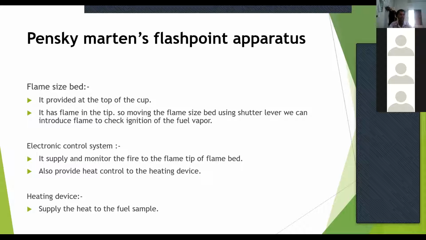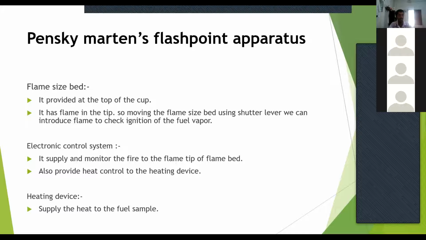In the electric heater there will be a flame at the tip, which is useful to find the flash point. That is the flame we introduce inside that cup, not inside the sample.